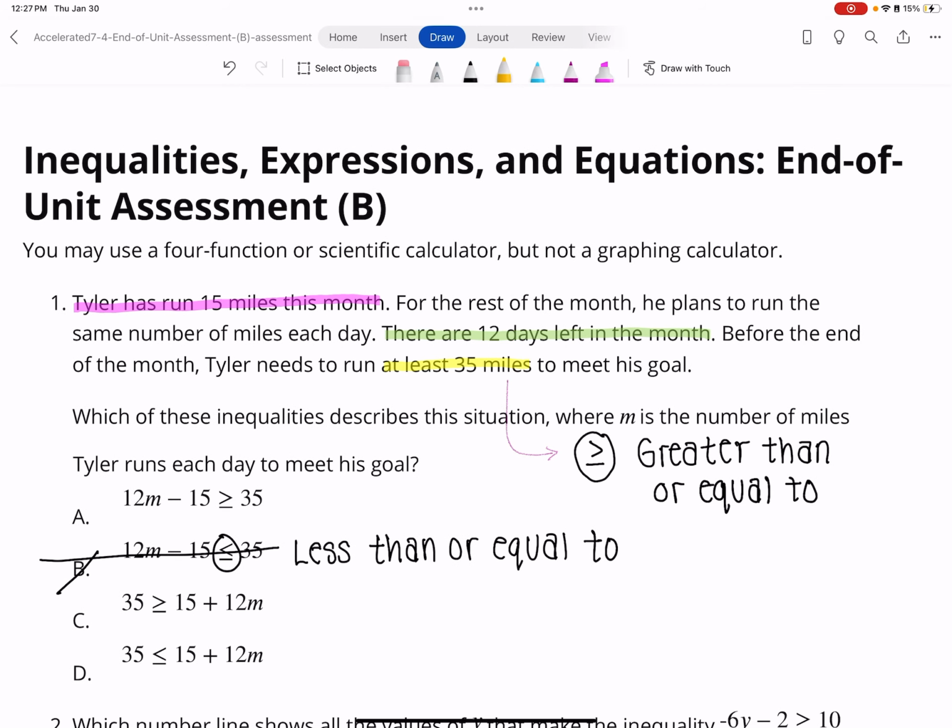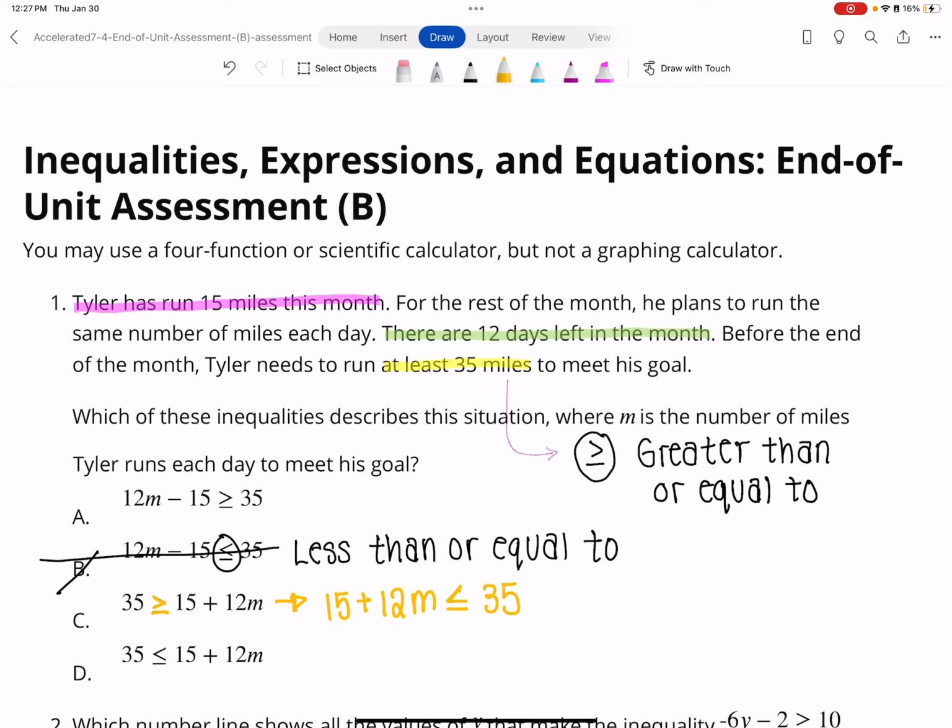Now this one isn't really obvious, but if we were to rewrite this inequality, we would actually have 15 plus 12m is less than or equal to 35. And we are just rewriting this. You see how this sign over here is pointing towards the 15 plus 12m, and that's the narrow side of the inequality sign.